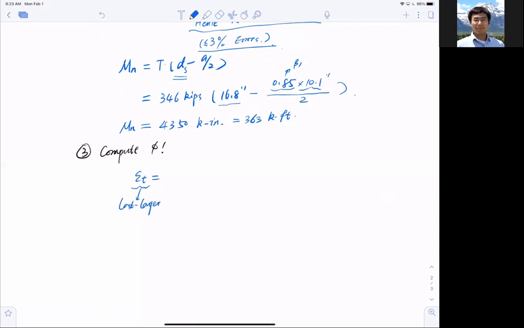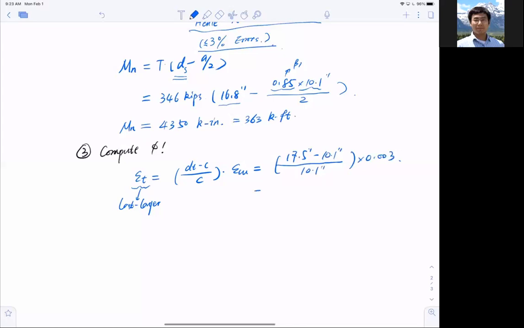Okay, so epsilon t equal to dt, mind you, minus c, divided by c, multiplied by epsilon cu. And dt in this case is 17.5 inch and minus 10.1 inch. By the way, compression zone again was determined by trial and error. Then multiply 0.003.